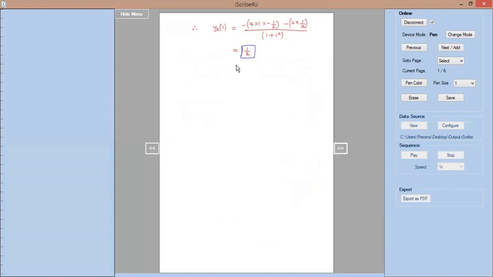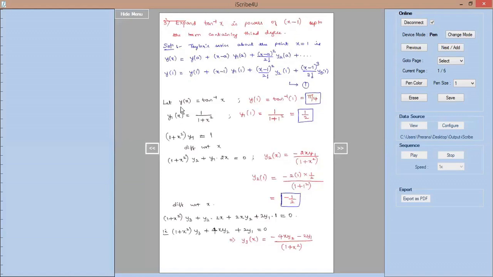Now we substitute all these expressions into equation 1 to obtain the required Taylor series expansion of the given function tan inverse x.